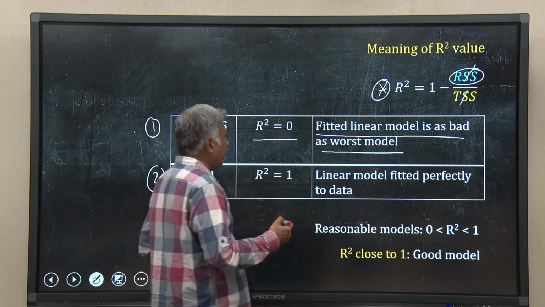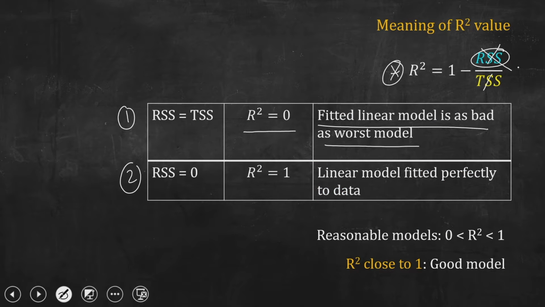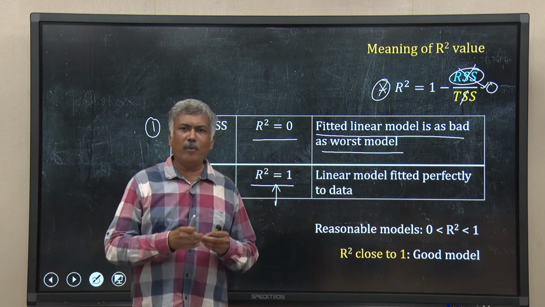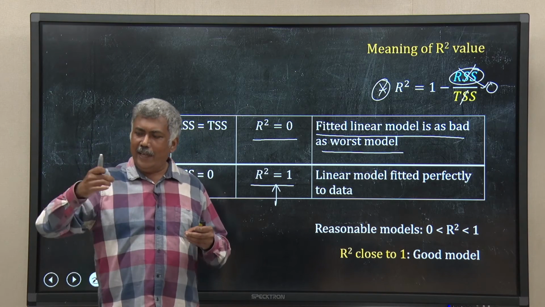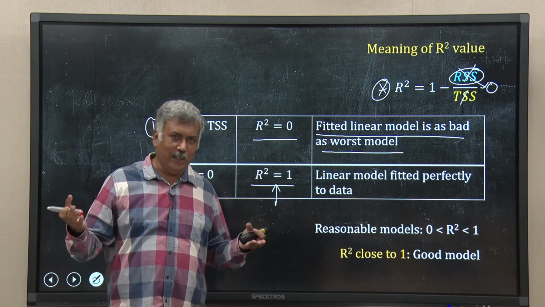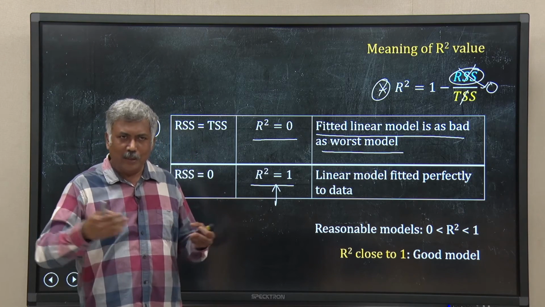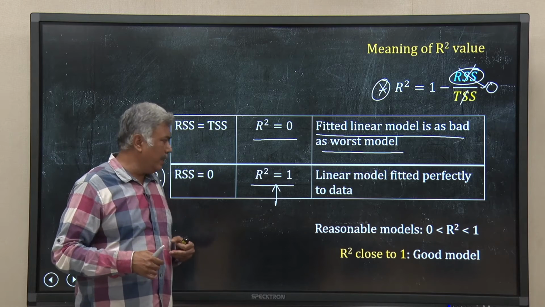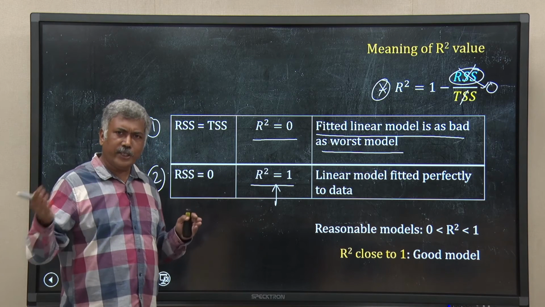So, in that case I get 0 by TSS, that means 0, so my R squared is 1. Now, that will happen rarely. If all the data points are exactly on a straight line, then you really do not need linear regression, isn't it? You can simply find it very easily. But let us consider this as the extreme.